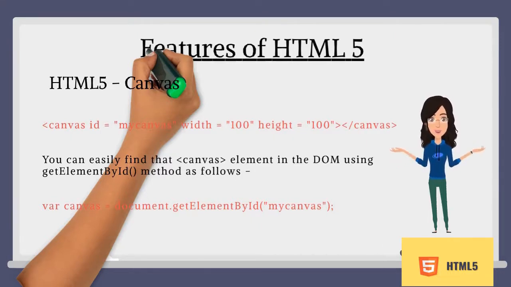We can easily find the canvas element in the DOM using the getElementById method as follows. You can see on the screen there is a variable canvas equals document.getElementById with my canvas.